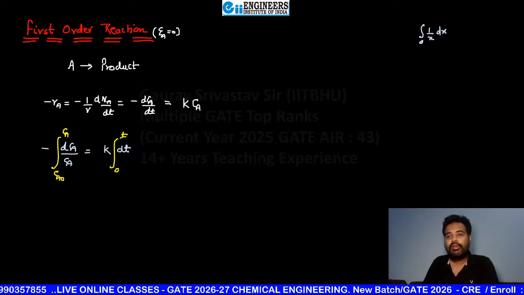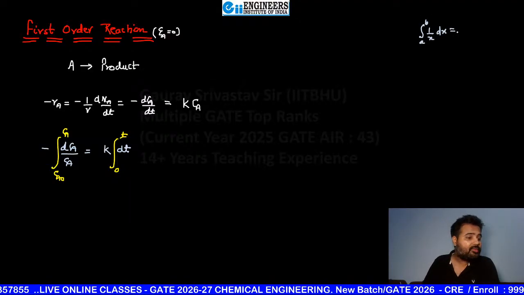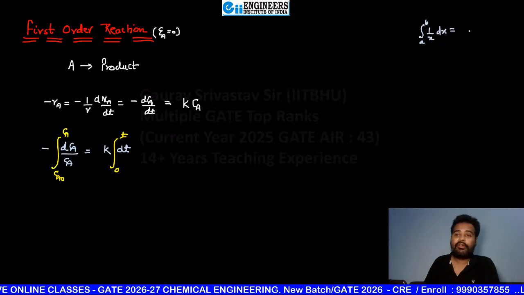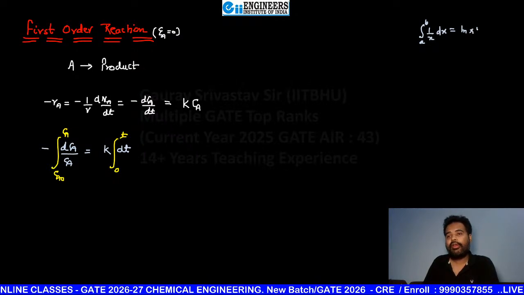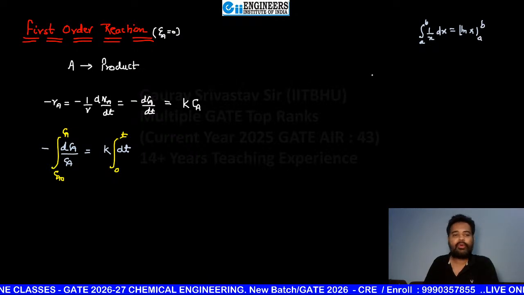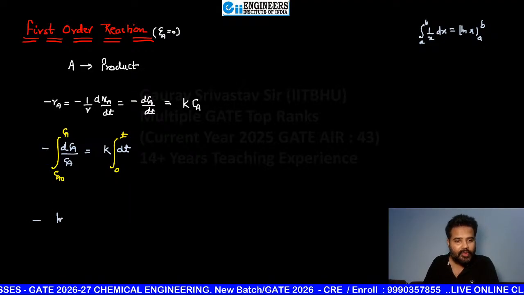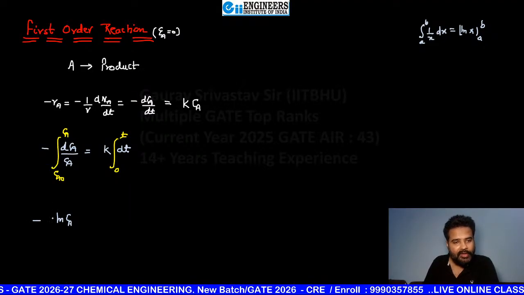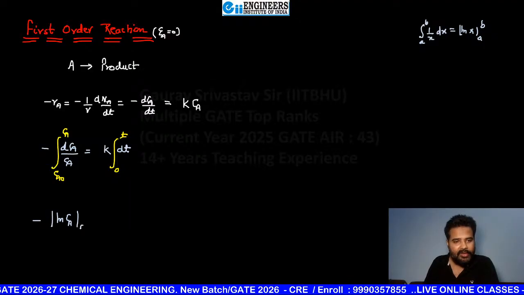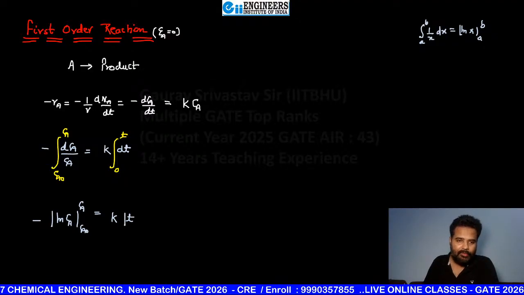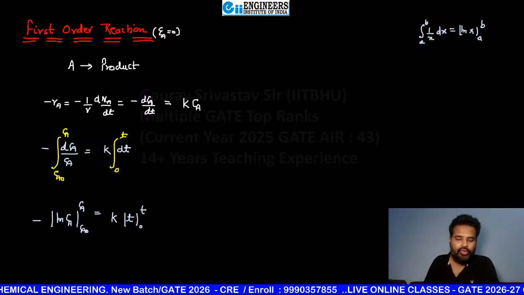Yes, very good beta, it will be ln of x. Fantastic. So here you will get minus ln of Ca, with limits Ca naught to Ca, and that equals k t, with limits 0 to t.